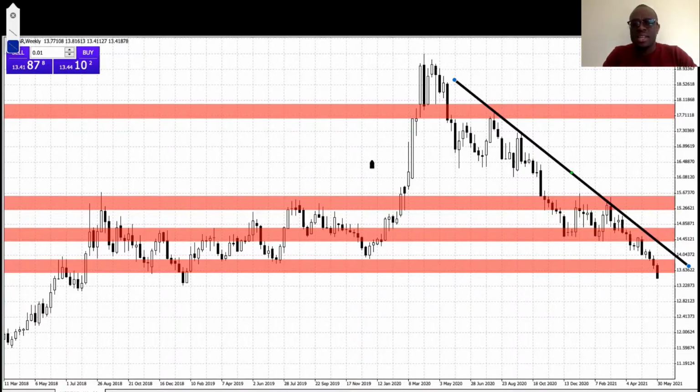Because we had a larger symmetrical triangle, we had targeted our price to come and reach 13.56593 after breaking out from this point. So we're targeting it to come and reach this point, our 13.56593. So we can notice now that the price has already reached our targeted price.